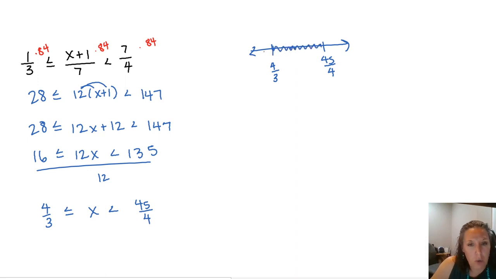It should work out that if you can write your inequality as a compound inequality like this, your solution's going to be in the middle. With the 4/3 we are including an equal to, so that's going to be a square bracket. And the 45/4 cannot be equal, it's strictly less, so that's going to be a parenthesis. So we get square bracket 4/3 to 45/4 with a parenthesis.